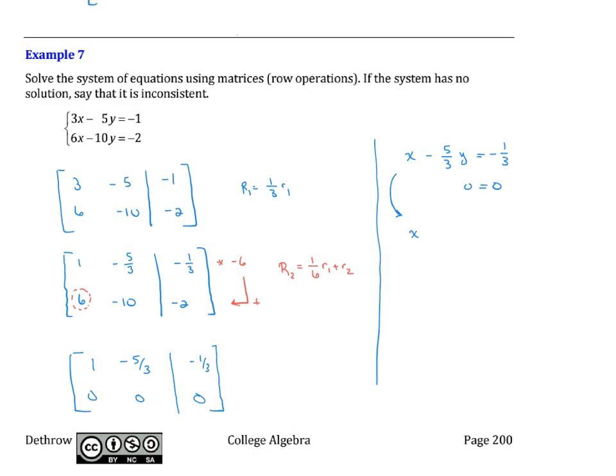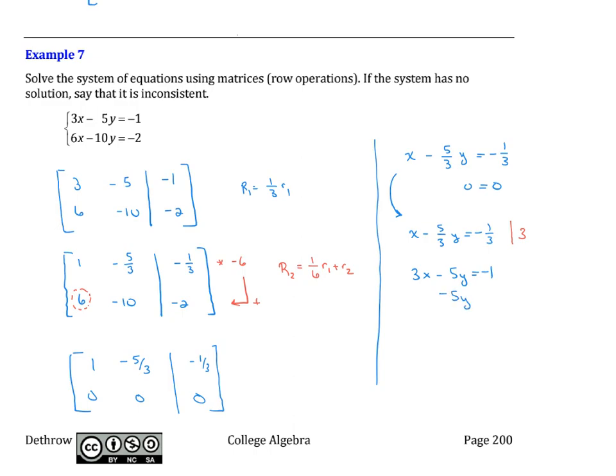So let's go ahead and solve x minus 5/3 y equals negative 1/3 for y, so that we can write our solution. So let's multiply everything here by 3. It'll make it easier. So we have 3x minus 5y equals negative 1.